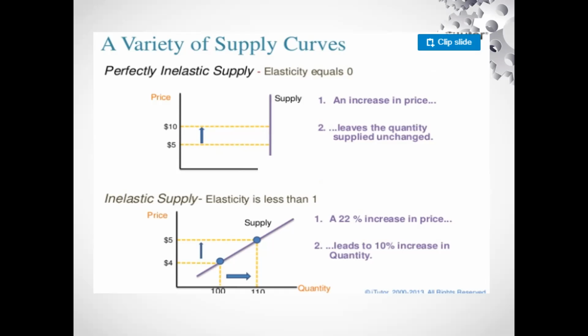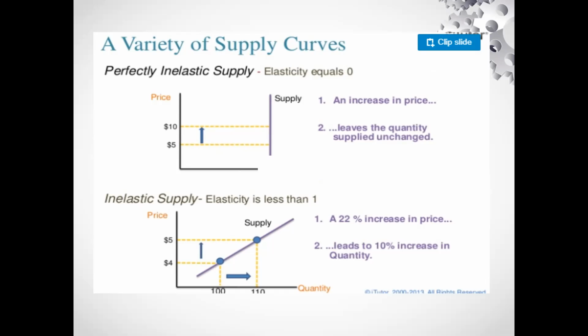In the graph, the perfect line, that vertical line, shows perfectly inelastic supply. If you see, an increase in price leaves the quantity supplied unchanged.